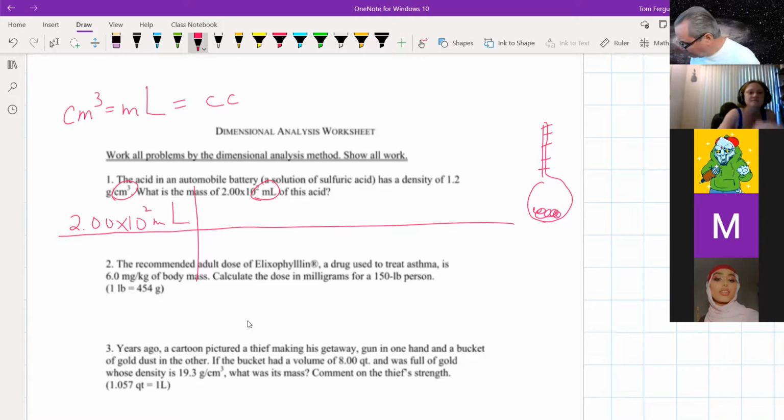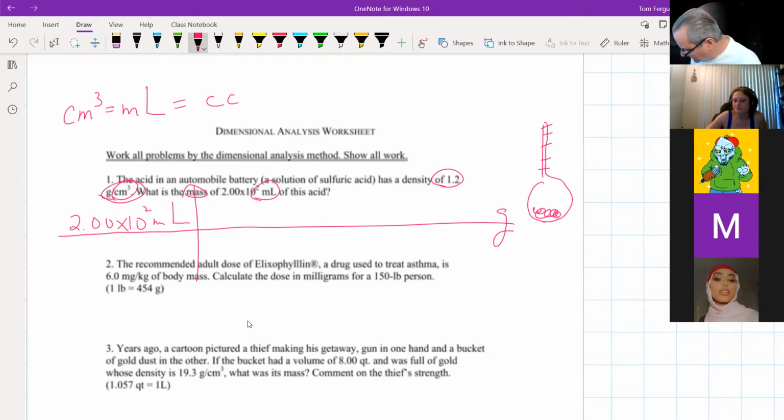Okay. And it wants to know the mass. We want to end up with grams over here. So is there a conversion factor that has both milliliters and grams in it? Yes, that's called density. And they give us the density right here.